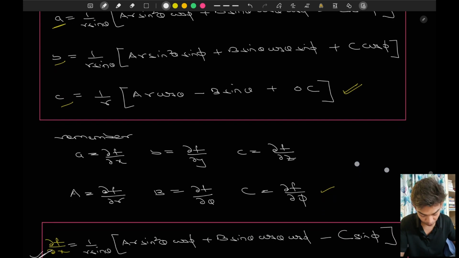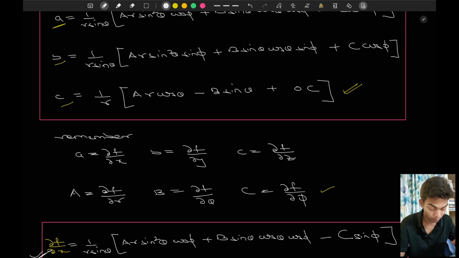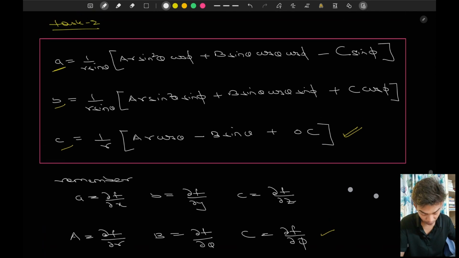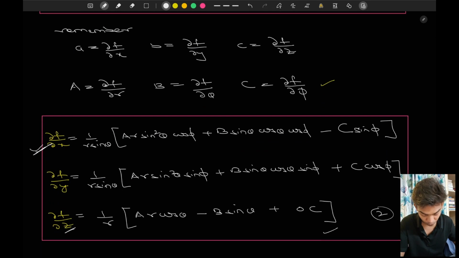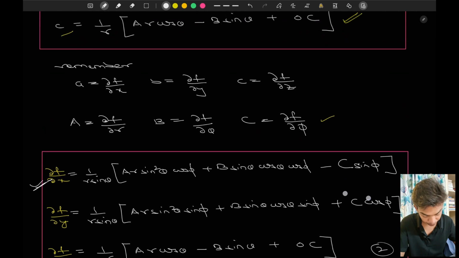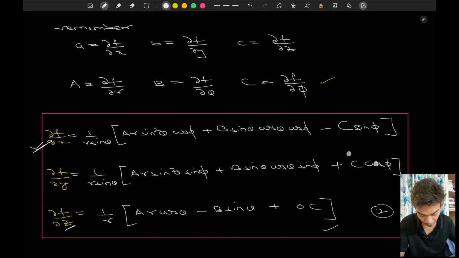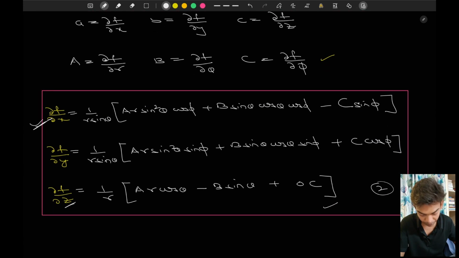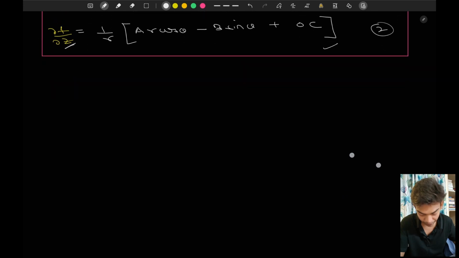We gave them a shorthand notation, small a, b, c for the Cartesian derivatives and capital letters for the polar derivatives, just to make the manipulations simpler. So that was our task 2. Let me put again small a, b, c for del f by del x, del f by del y, and del f by del z.